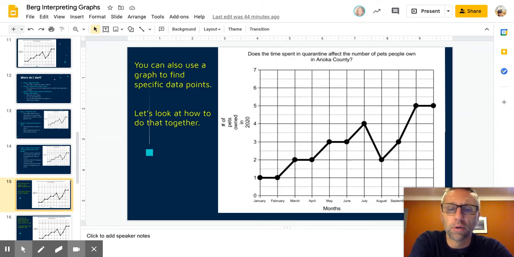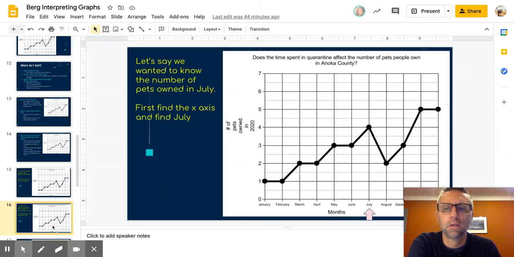Another really great thing we can do when we look at a graph is we can get specific data points off of this. I can take this graph that's in front of us and I can find what was happening at every single month. Let's take a peek at how to do this. Let's say we wanted to know the number of pets owned in July.